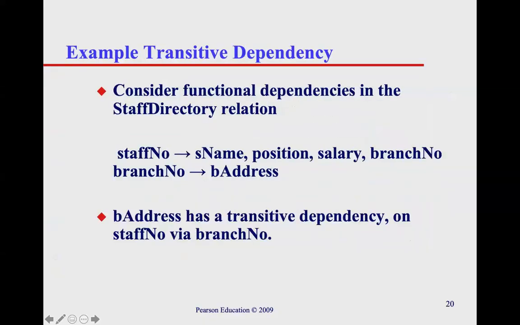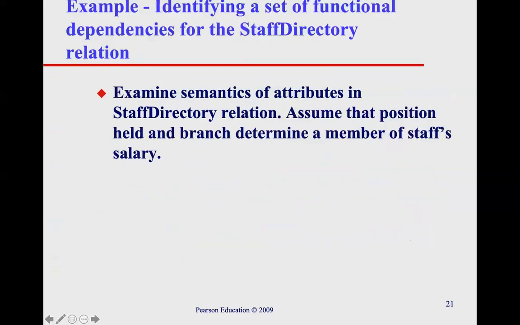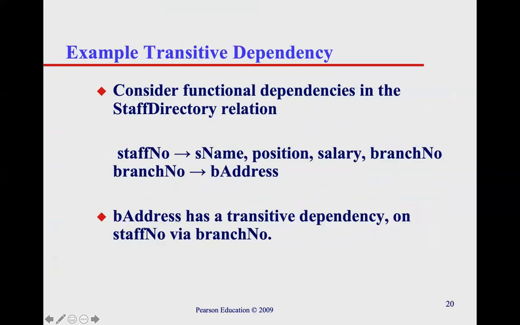This slide just shows that dependency that I was already talking about. Here, staff number determines the branch number determines the branch address. So we're not going to explicitly show that the staff number determines the branch address.